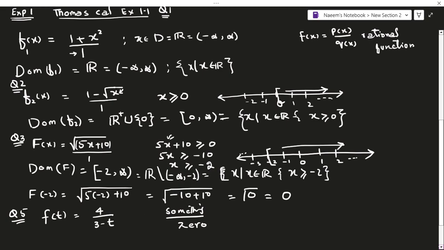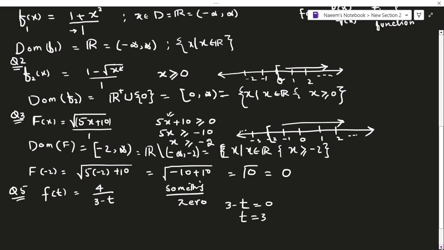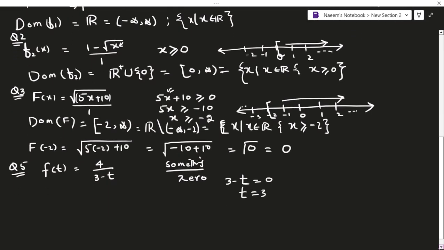See, this will be 0 if 3 minus t becomes 0. So when will this happen? When t is equal to 3. So if we plug 3 in here, then this function will be undefined. So we have to avoid putting t equal to 3. Or you can say that the domain of this function is all real numbers except 3.